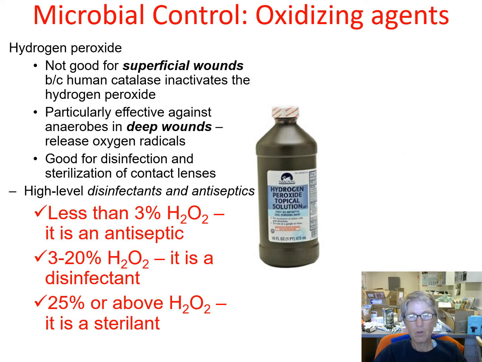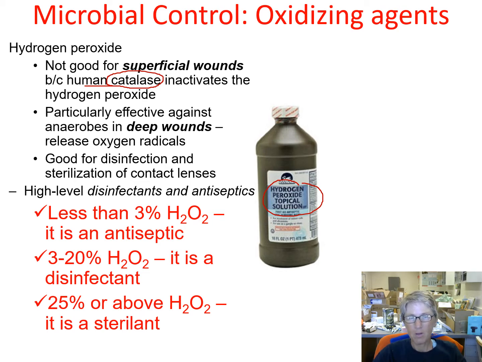So hydrogen peroxide, here we go. It's not good for superficial wounds because in our skin, we have this enzyme called catalase that inactivates hydrogen peroxide to water and just molecular oxygen.